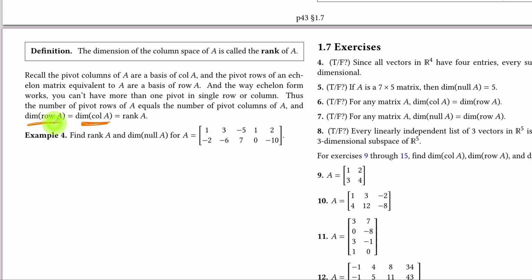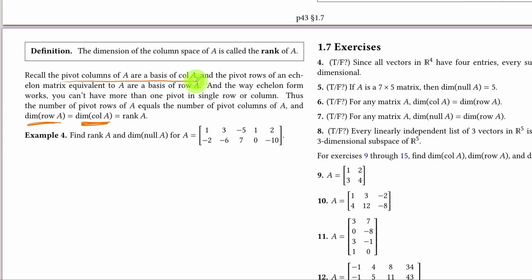And the reason for that is that we had a theorem in 1.6 that the pivot columns of A are a basis of the column space of A. So the number of pivot columns is the dimension of the column space.